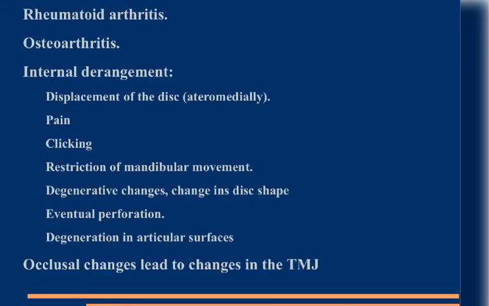This is called anterior disc displacement with reduction, where the disc is displaced anteriorly and becomes an obstacle for the condyle to bypass the disc. When it bypasses the disc, we will hear clicking, and then we have normal mouth opening.